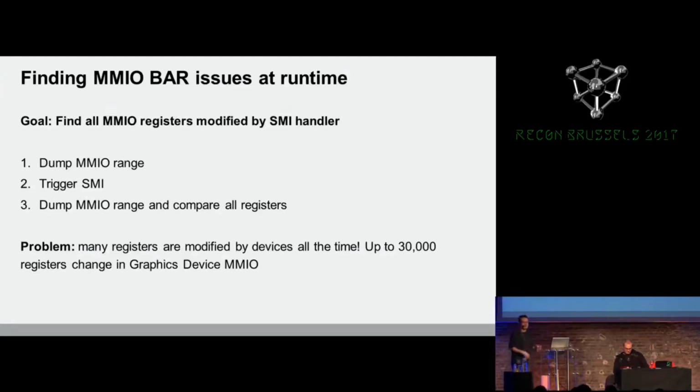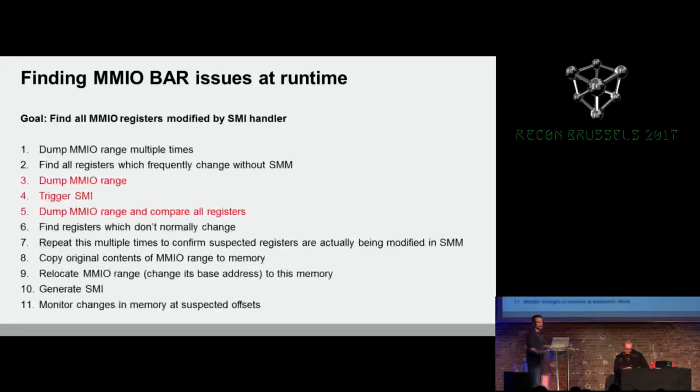So the hardware itself, the devices or integrated controllers or some logic in the hardware writes to those registers in pretty much any MMIO BAR. For example, for some of the BARs like graphics BARs, the hardware writes to thousands of registers in the MMIO range. So it's pretty difficult to actually identify which registers have been modified by the SMI code itself.